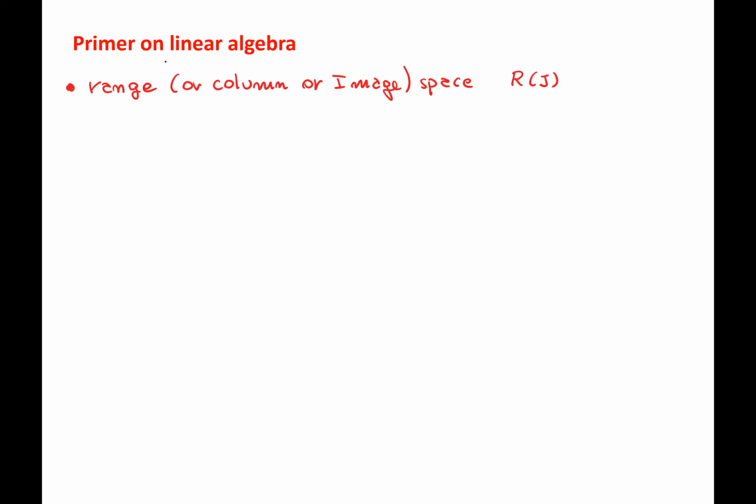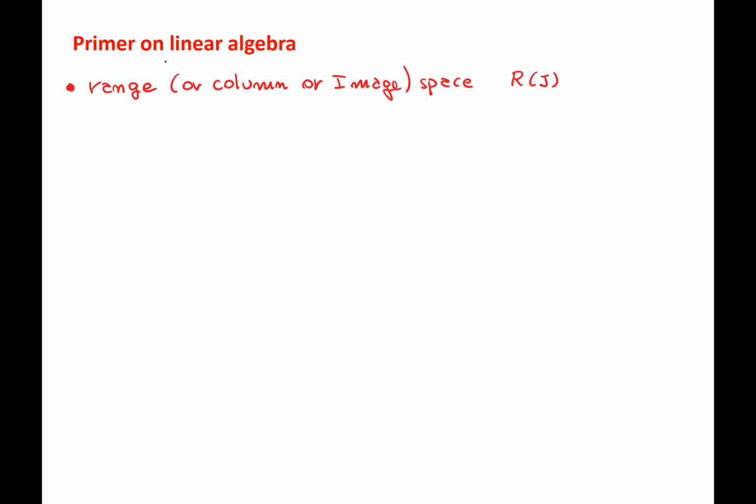So the other very important concept is the range of a matrix, which can also be defined as the column space or image space.